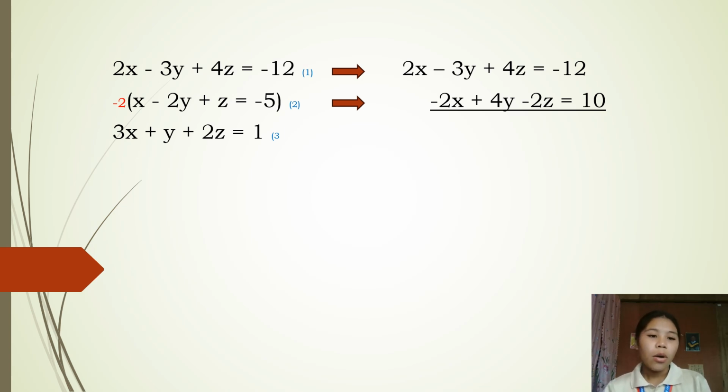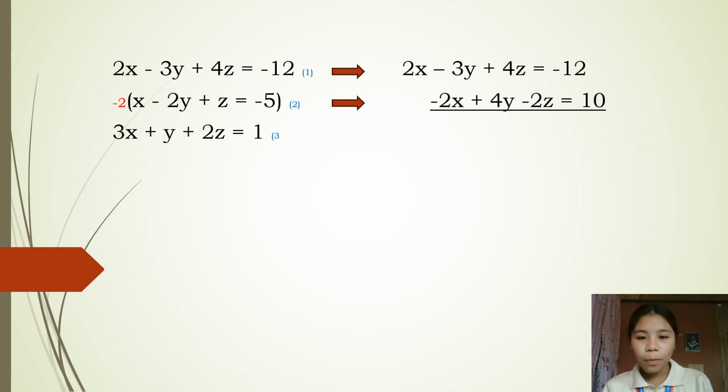It's because negative 2 times x is negative 2x, negative 2 times negative 2y is positive 4y, negative 2 times positive z is negative 2z, and negative 2 times negative 5 is positive 10.